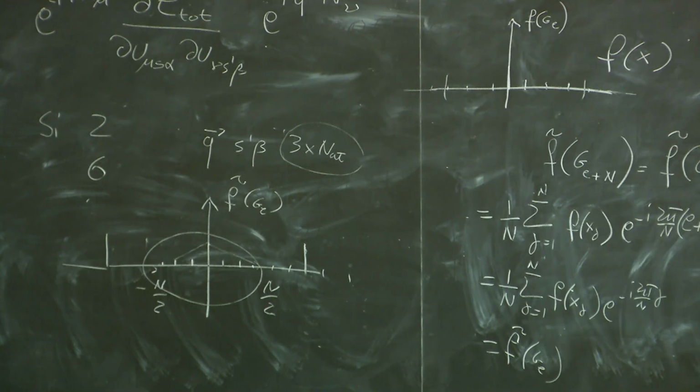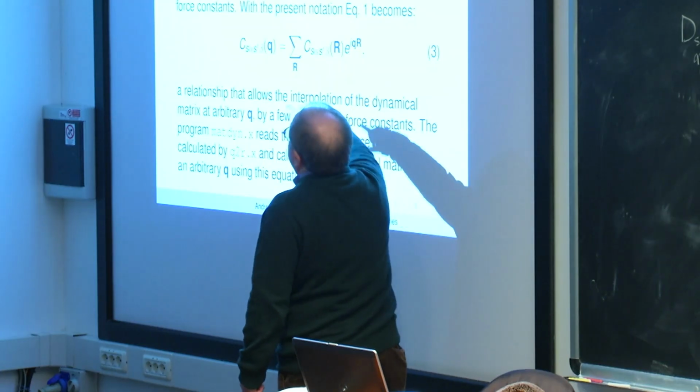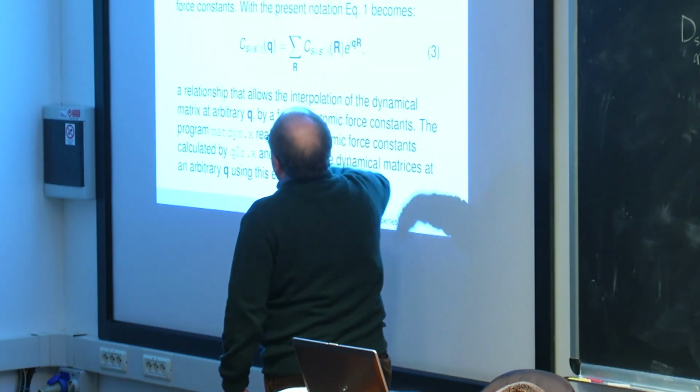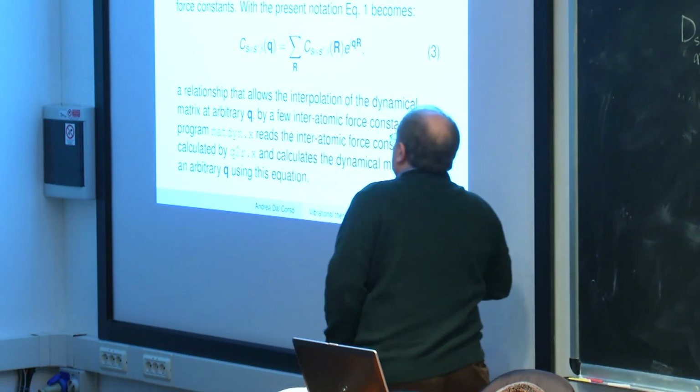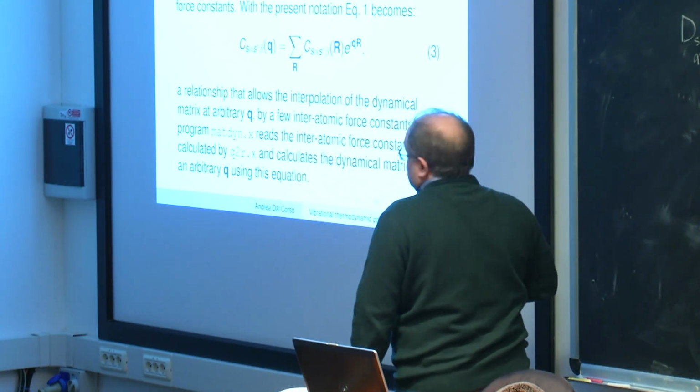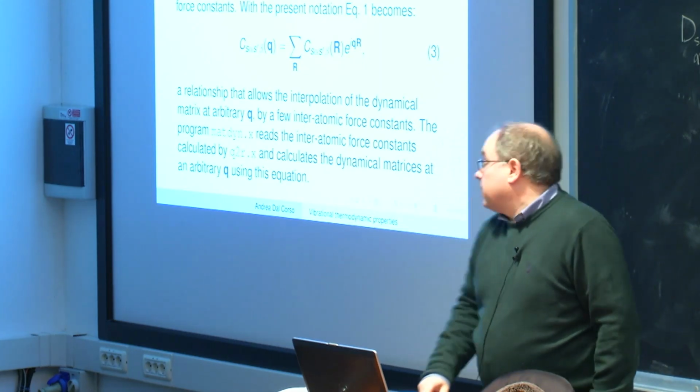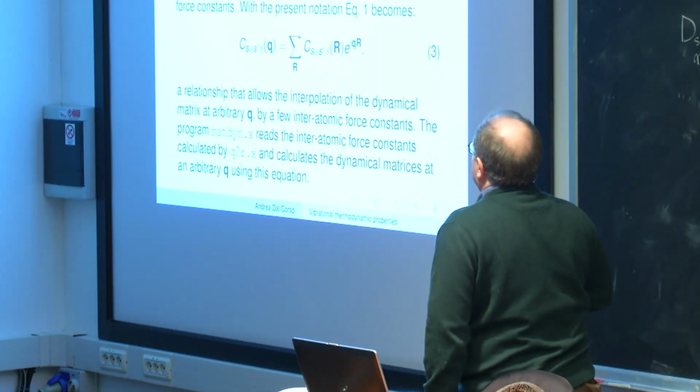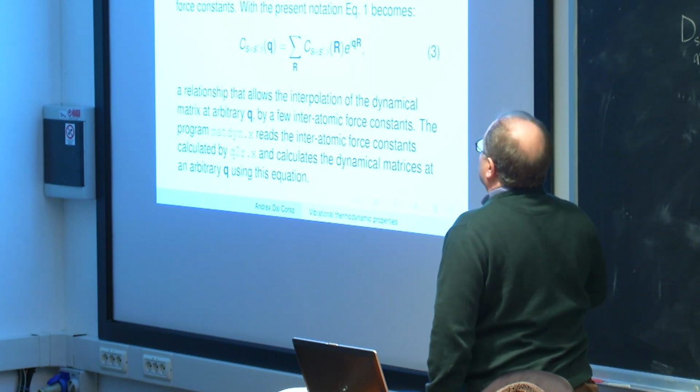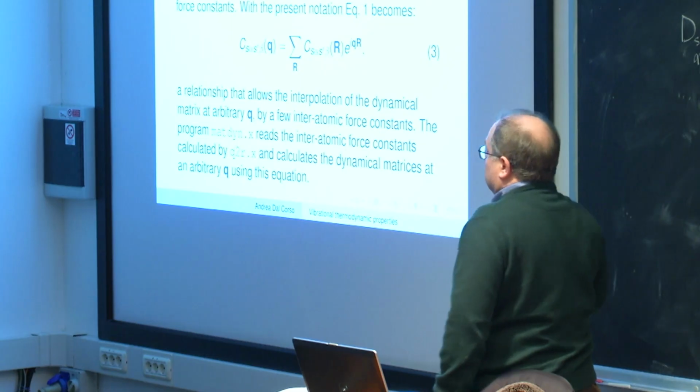And so doing this trick, basically, we can have the phonons in all the Brillouin zone, and we can do a plot by using a path in the Brillouin zone, or we can do a much thicker mesh of Q points and do integrals over the Brillouin zone of the frequencies or of functions that depend on the phonon frequencies. We can also calculate the phonon density of states, for instance, that is an important quantity that allows us to calculate the thermodynamic quantities.